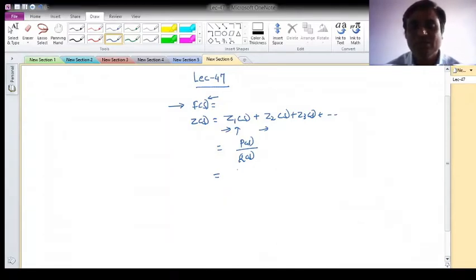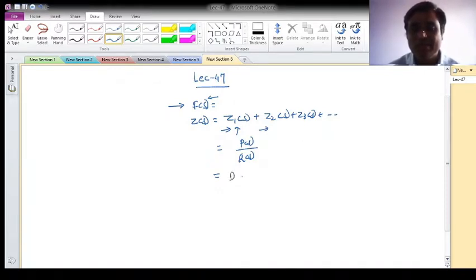So if I say P of S divided by Q of S, then what should basically be done is that you try to break it up into Z1, Z2, Z3 this way. There may be three cases.